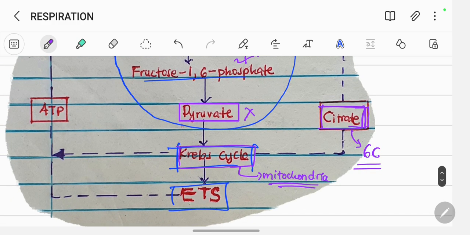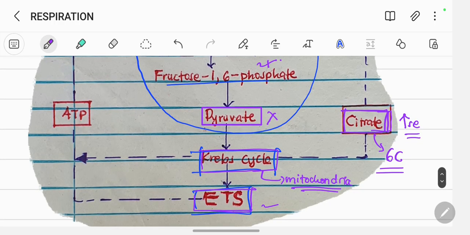We move on to the electron transport system. As citrate concentration is increasing, the electron transport system is also moving on and increasing the concentration of ATP.